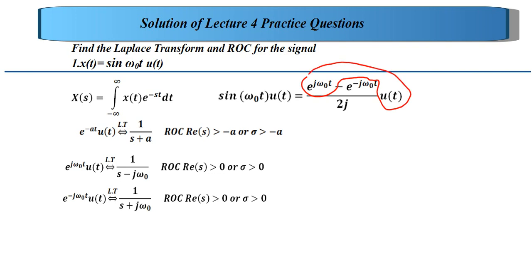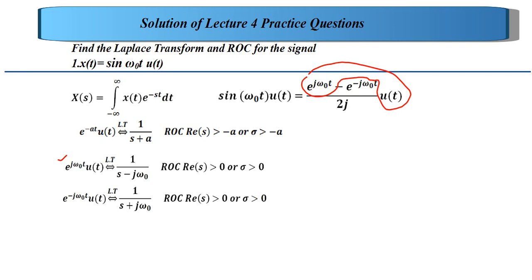So this is the first signal, and if you write the Laplace transform of the signal based on the result, it becomes 1 by s minus j omega 0. In place of a it is j omega 0, and we'll take only the real part. In this case the real part is 0, so you can write sigma greater than 0. And the second signal, e raised to minus j omega 0 t, becomes 1 by s plus j omega 0, again a causal signal, so again sigma greater than 0.